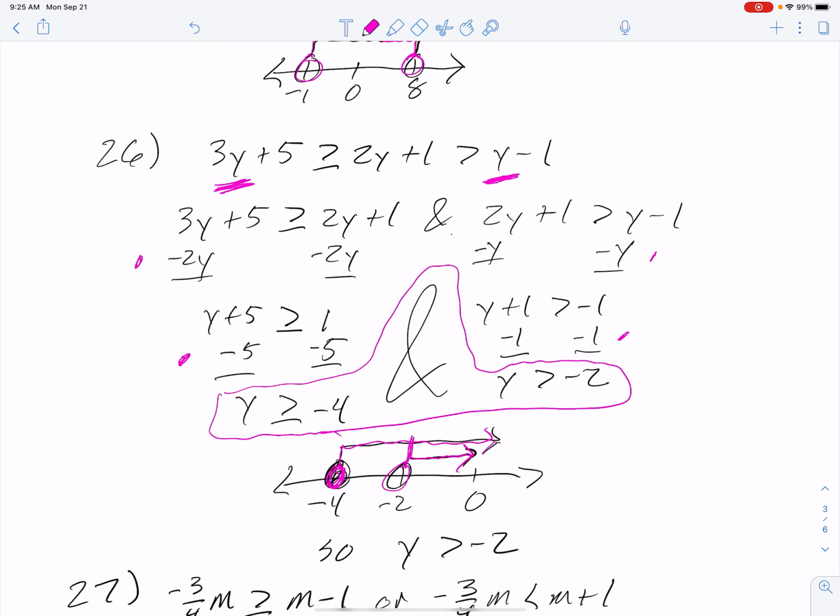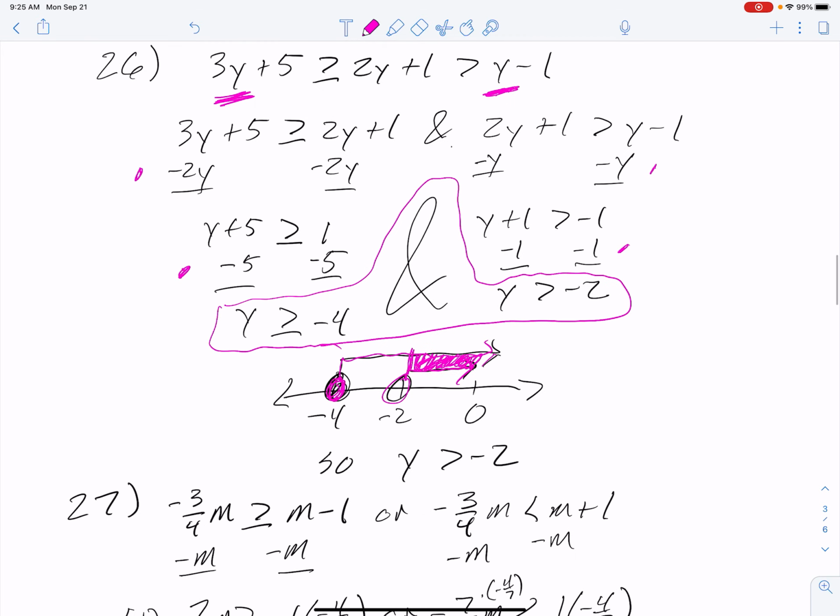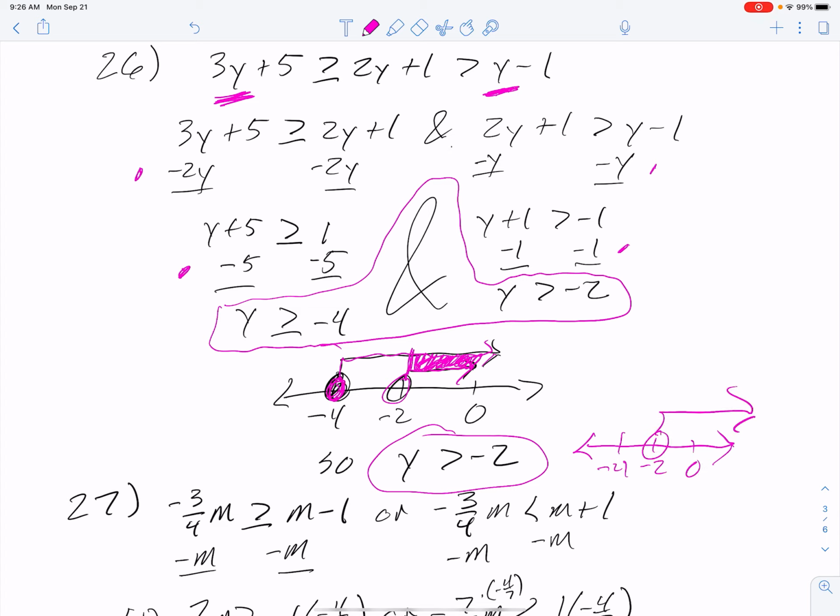They don't start overlapping until I get here, greater than -2. So my final answer, y is greater than -2, and my final graph is simply going to be an open circle at -2 and going to the right.